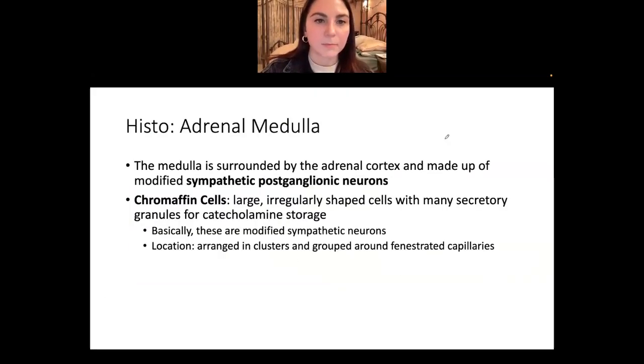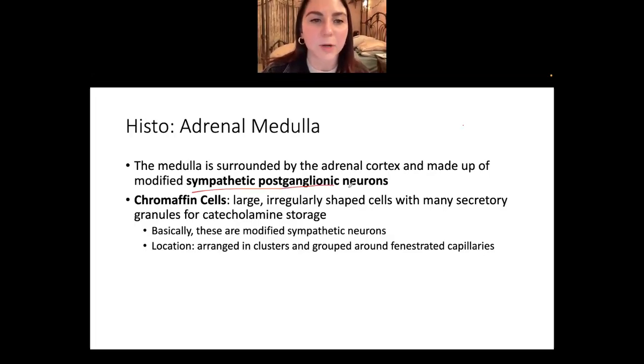Okay, and then for the adrenal medulla, like I just said, they're chromaffin cells, but again, remember the adrenal medulla is derived from neural crest cells. So we're going to have a similar thing to the neurohypophysis, the posterior pituitary, where it's going to sound very neuro-y. For example, the medulla is surrounded by the adrenal cortex and is made up of modified sympathetic postganglionic neurons.